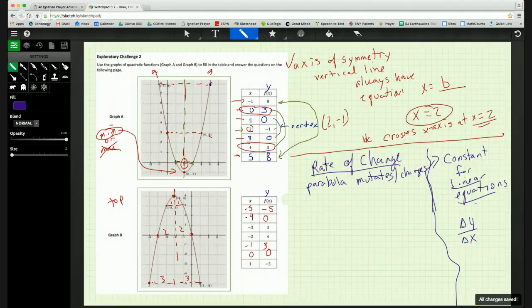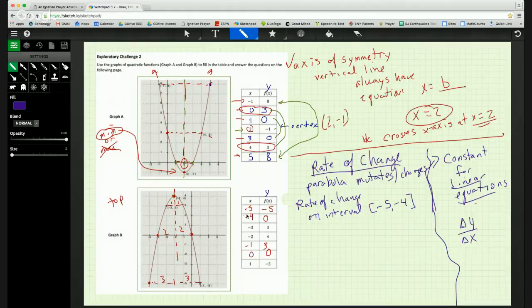So we can talk about the rate of change, but we have to talk about it on a given interval. So let's find the rate of change on the interval -5 to -4.